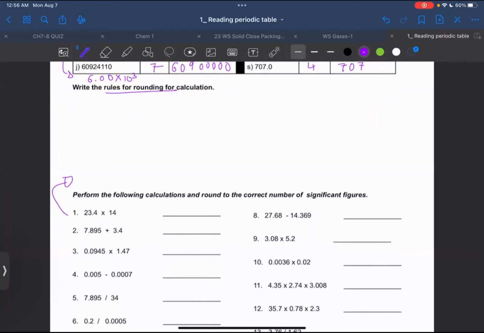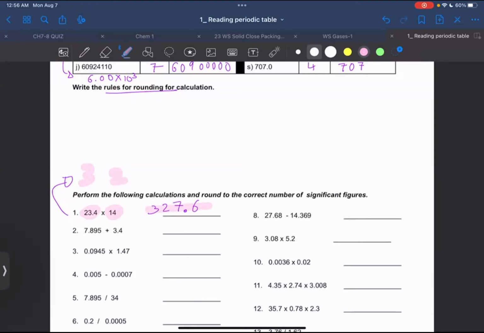So basically, when you're multiplying, you multiply it just the regular way. Times 14, I'm gonna get 327.6. Now how do we round it? Remember, you have to think about the significant figures. This one has 2 sig figs, this one has 3 sig figs.